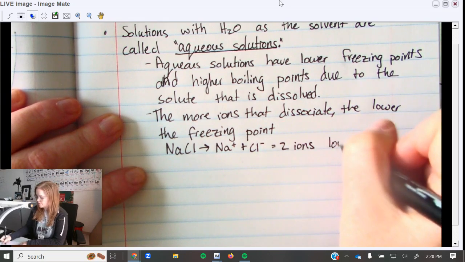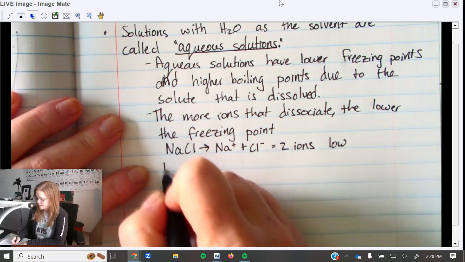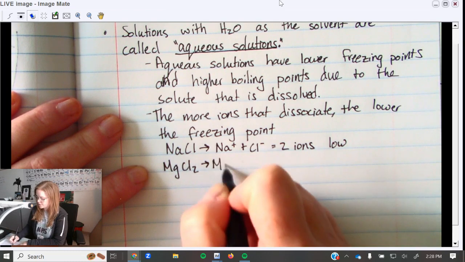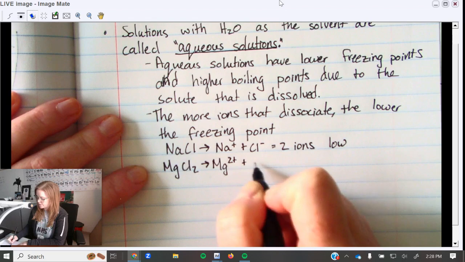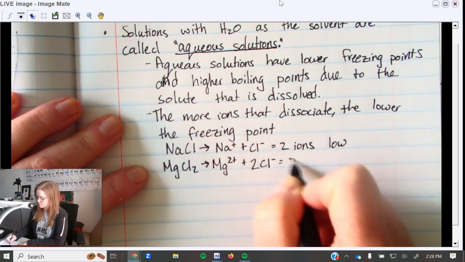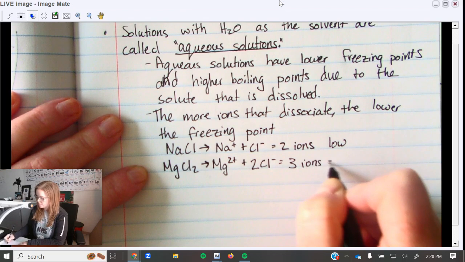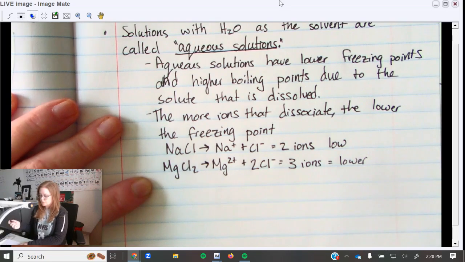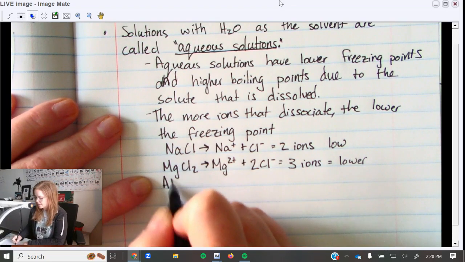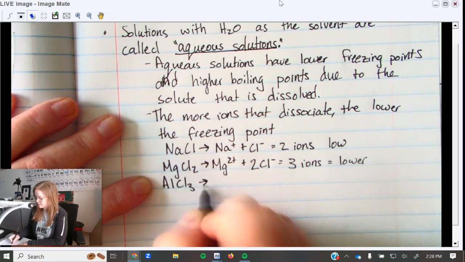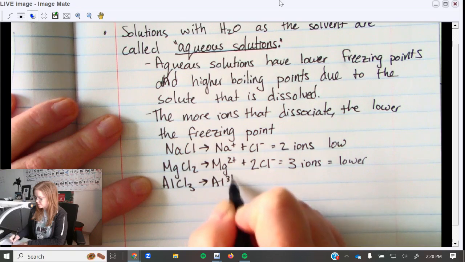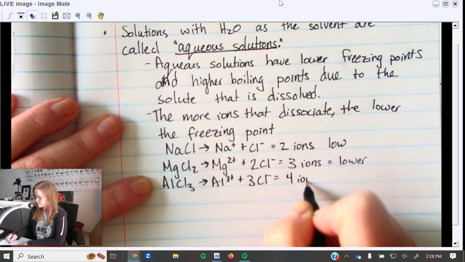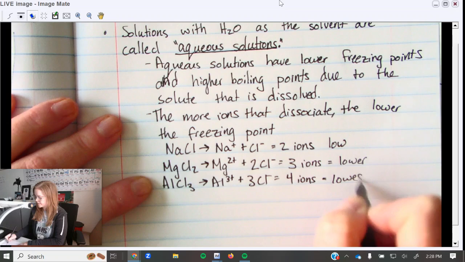It will have a low freezing point. MgCl2 will dissociate into Mg2 plus and 2 Cl minuses. So that's 3 total ions, which is a lower freezing point. But then you could do something like AlCl3. Aluminum is a 3 plus and 3 Cls. That's 4 ions. That's going to be the lowest freezing point.